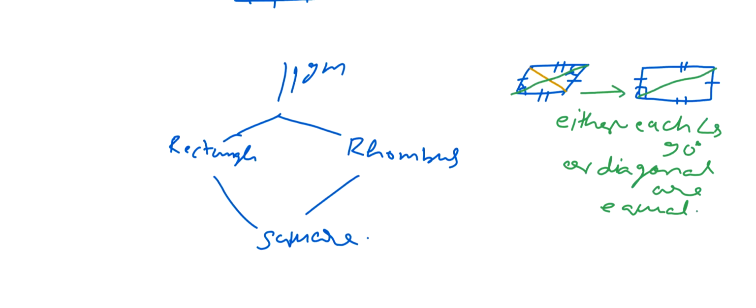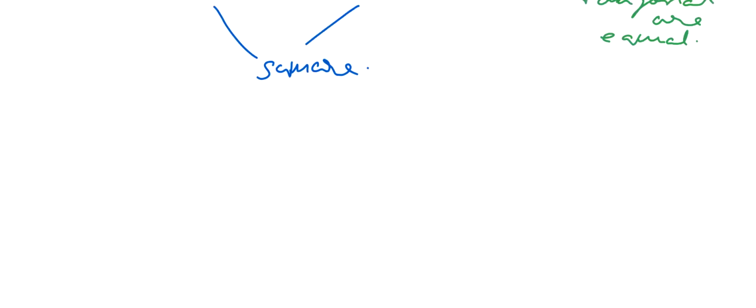No, no, no. Diagonals are equal in a rectangle. In a parallelogram, they are not equal. Yes, in a rectangle, diagonals are equal. In a square also, diagonals are equal. In a rhombus, diagonals are not equal.